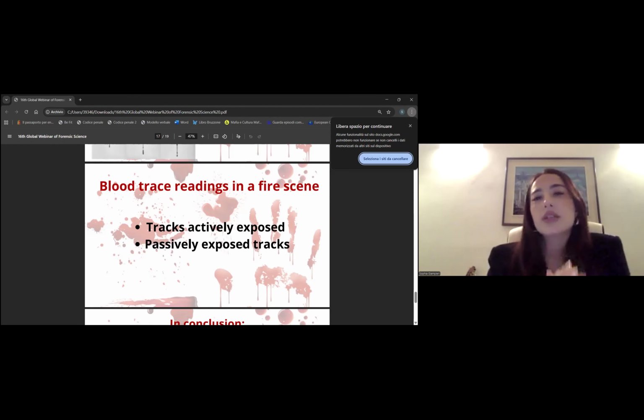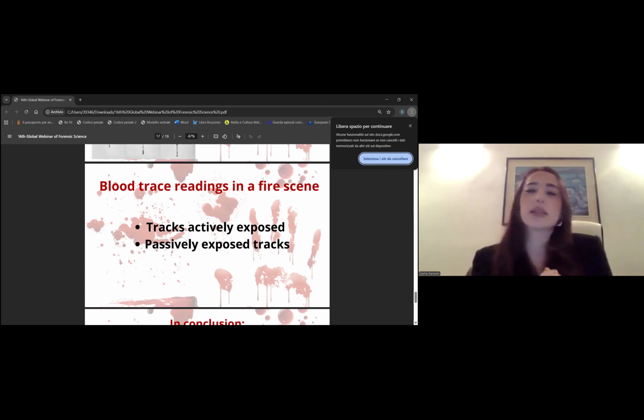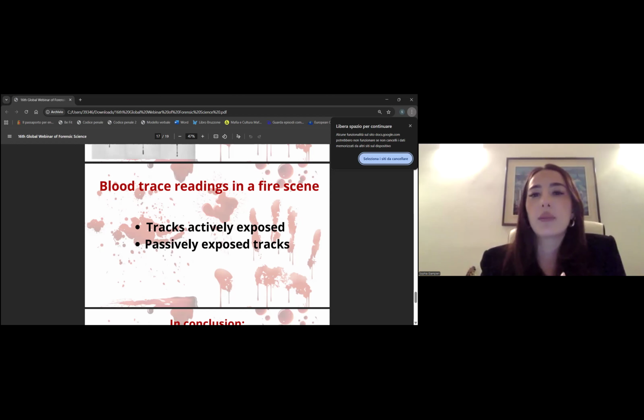However, when traces of blood are hidden due to a fire and covered by a soot deposit, detection using traditional detection techniques may not be effective, because fire fumes can cover and preserve traces of blood on walls, for example, on ceilings and other surfaces, creating a protective layer.